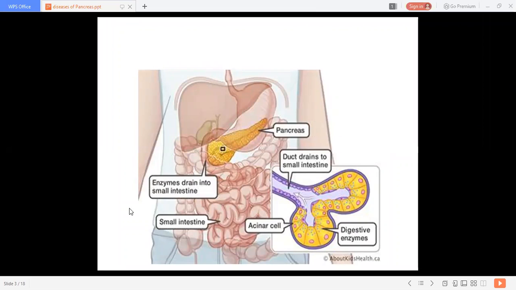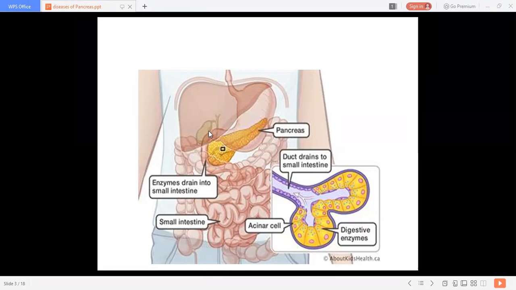Acute pancreatitis, again this is the normal function. These are the digestive enzymes. These are the acinar cells. All of you know the acinar cells, the pancreatic enzymes present in these acinar cells, which are always present in the proenzyme form.